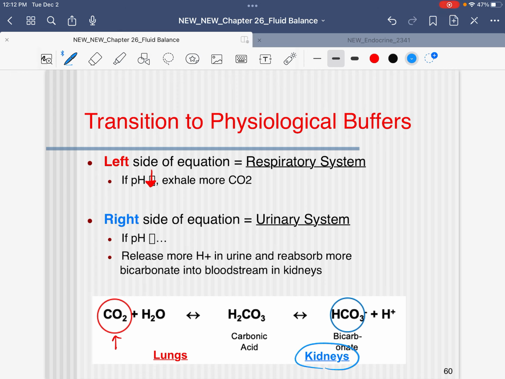How can the kidneys help regulate pH? If our pH goes down, too acidic, we're going to reabsorb more bicarbonate. Bicarbonate is basic or alkaline. So if my pH is too low, too acidic, I want to reabsorb more base to counteract it.